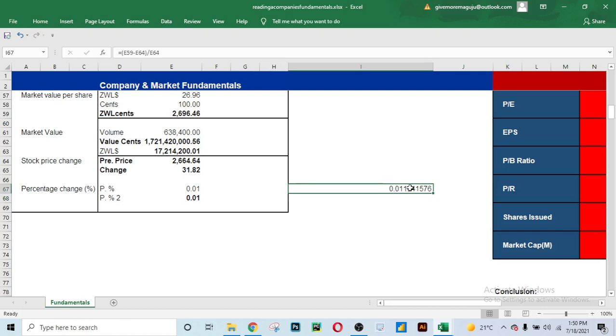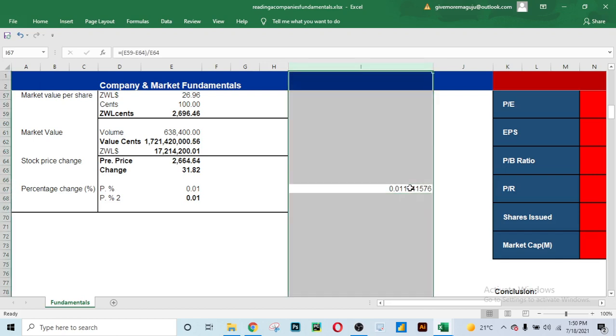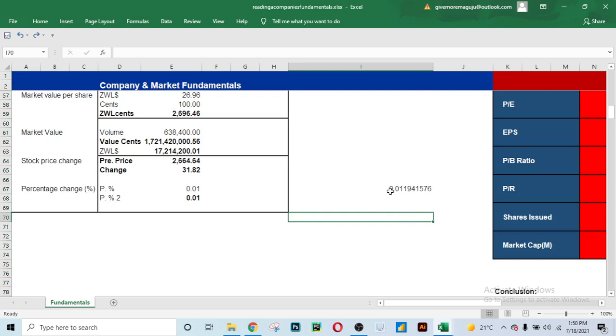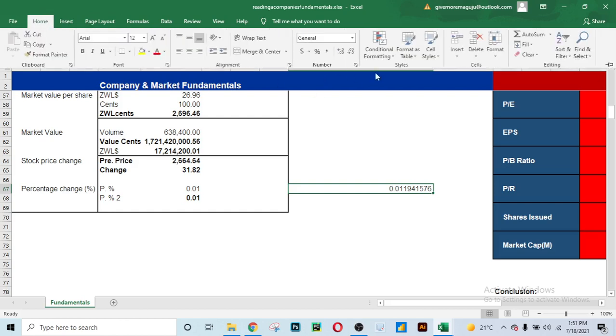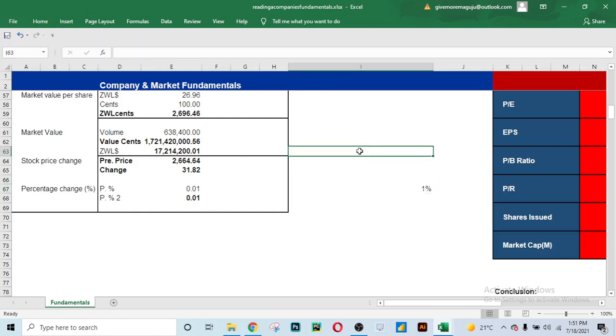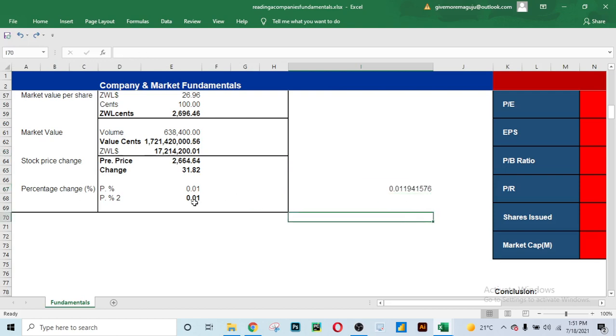This is 0.011, something like that. I don't want to apply this now. Okay, that's perfect. All right, so let's try another way here.